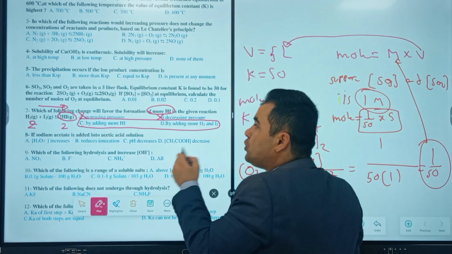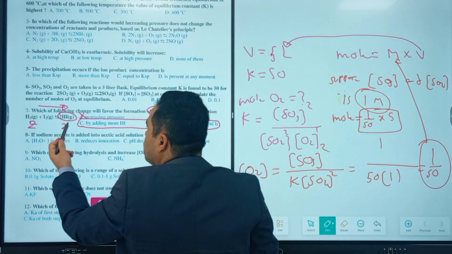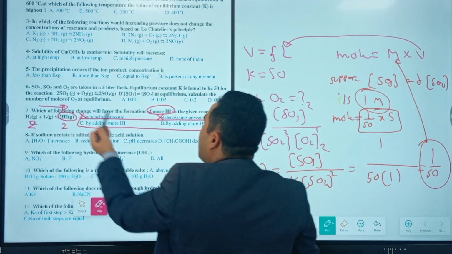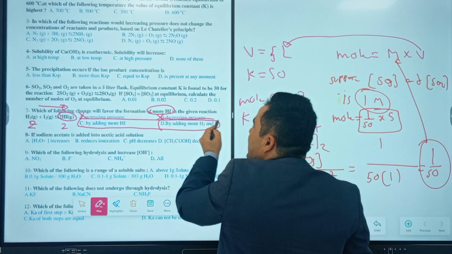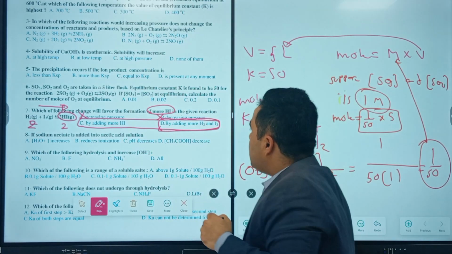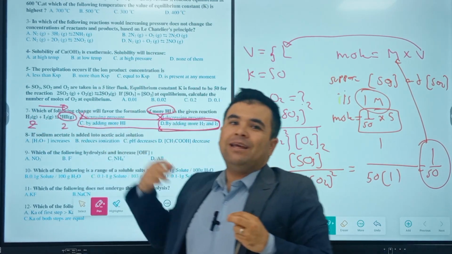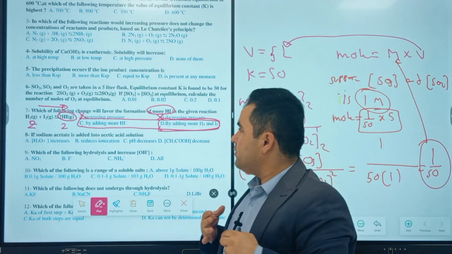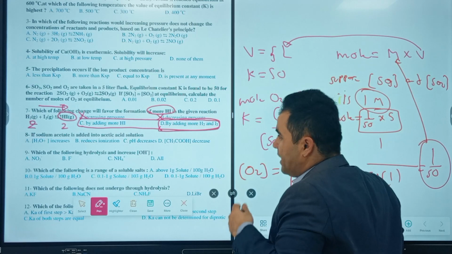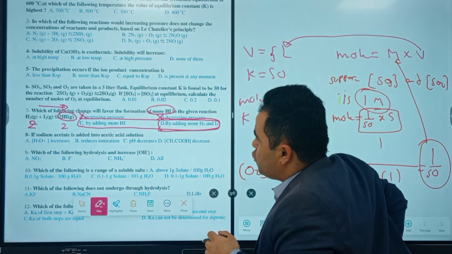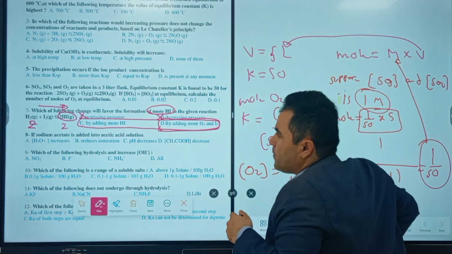But in terms of shifting equilibrium to go forward, D is the best to be chosen, because by adding the reactant, the shift is forward and lets the HI be increased. That's why D is the best answer. Otherwise, C also increases the concentration of HI.